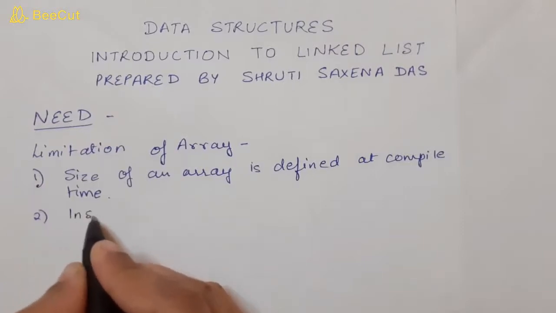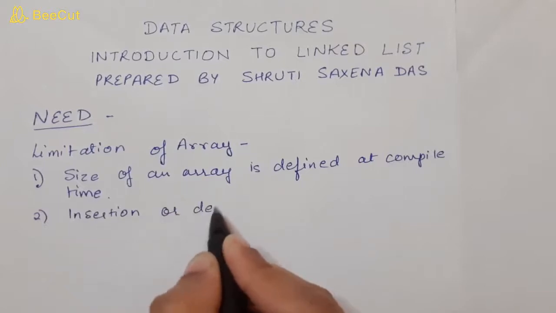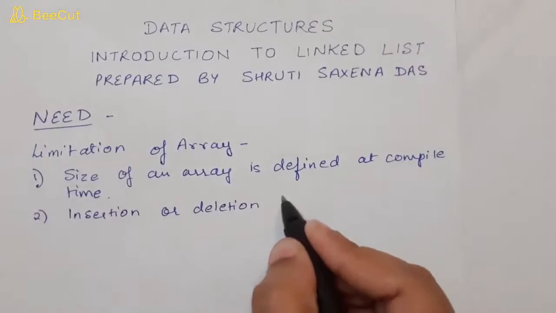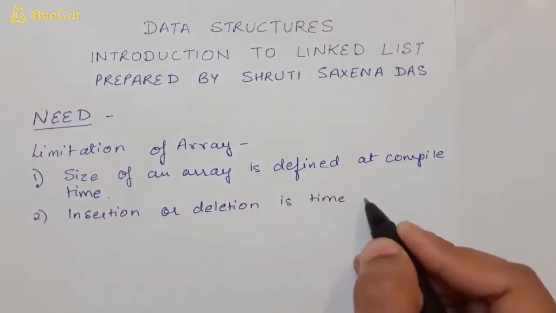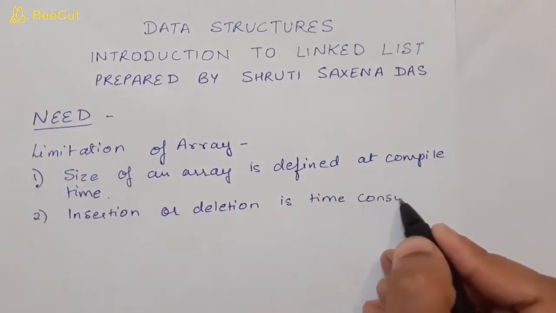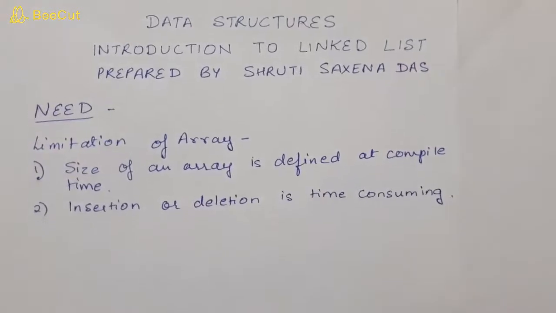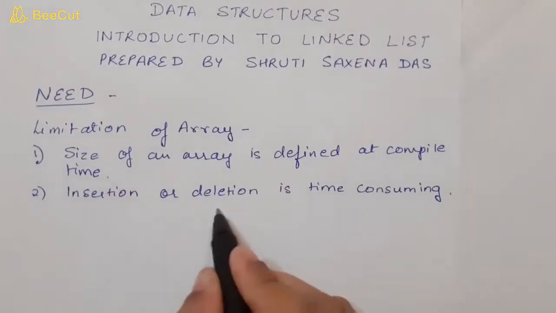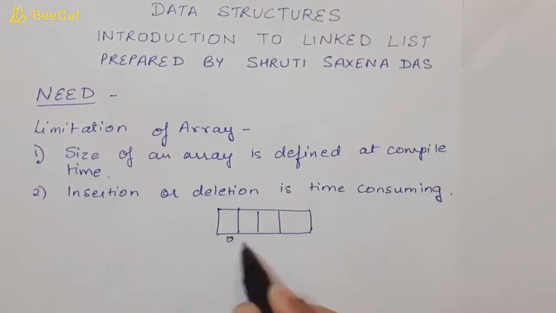Secondly, in case you want to perform insertion or deletion operation in case of array, then these operations are very time consuming. These take so much of time. Because in case you want to insert any element in an array, suppose this is your array, and the size of the array is 5.